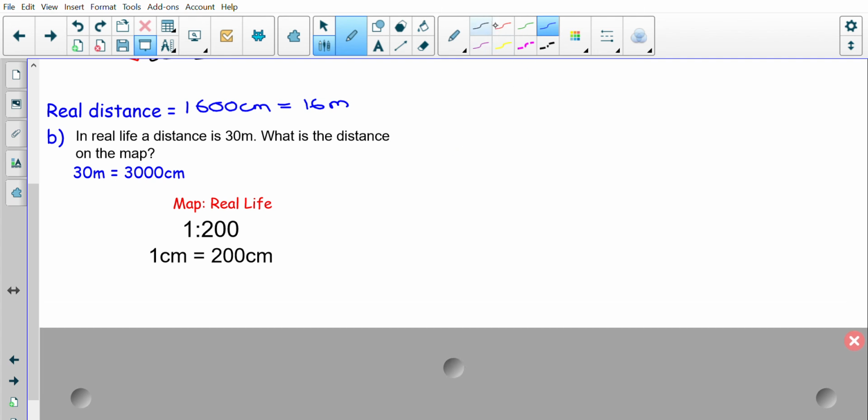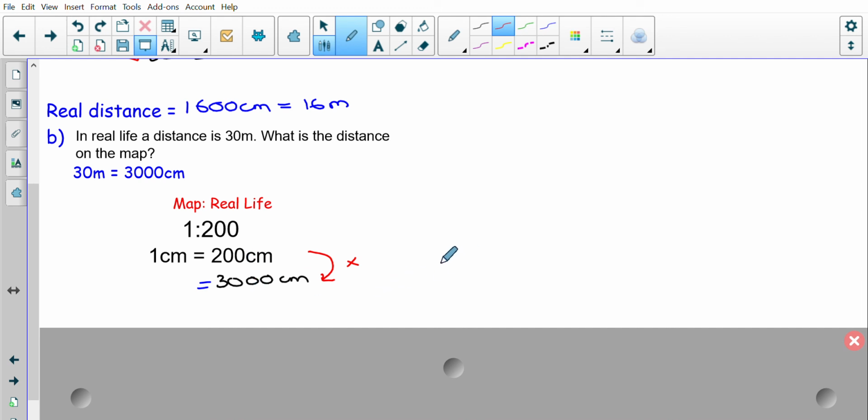So this time, the amount that we've been given is the real life amount, so we're going to write that on the real life side. And we've got 3,000 centimetres on the real life side, so we need to know what to multiply 200 by to get to 3,000.